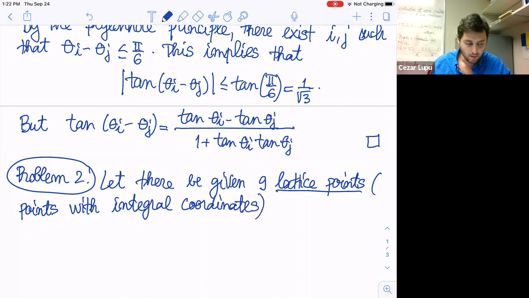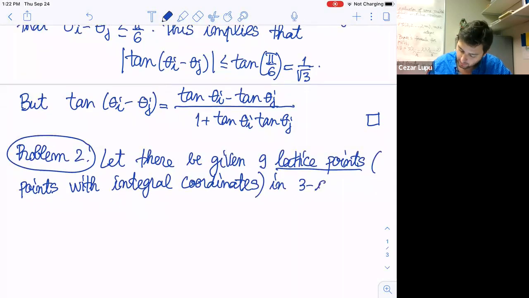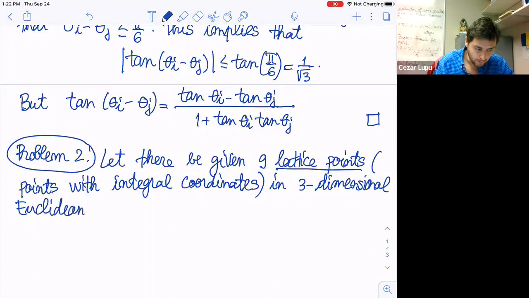Right? Okay. We have this in the 3-dimensional Euclidean space. Okay.